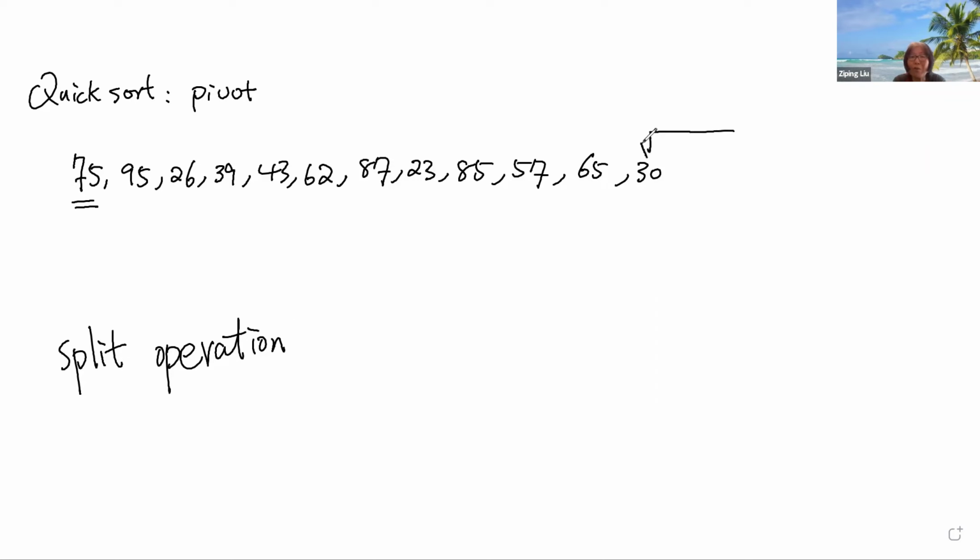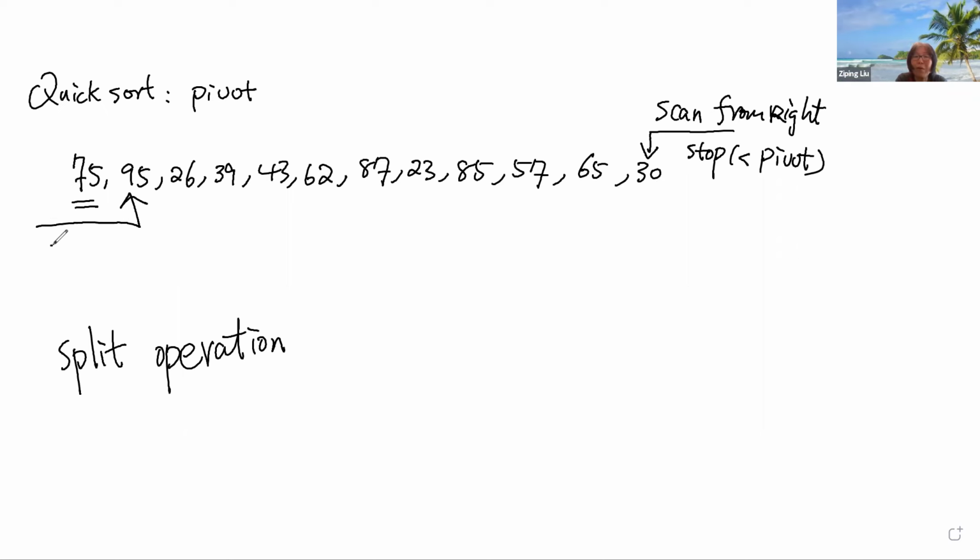You start your scan from the right first. So 30, you compare with the pivot. It's smaller than the pivot, so you stop. At the same time, you start your scan from the left.